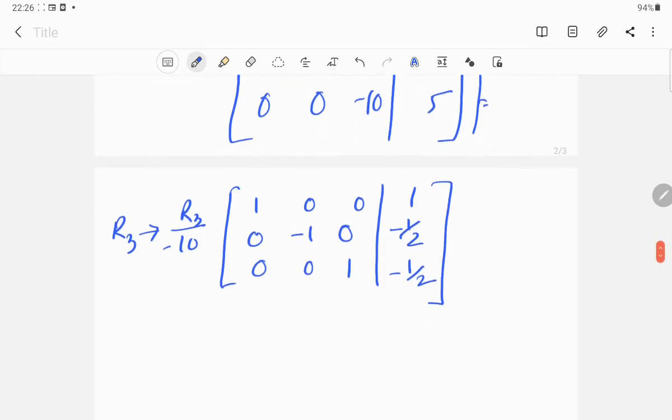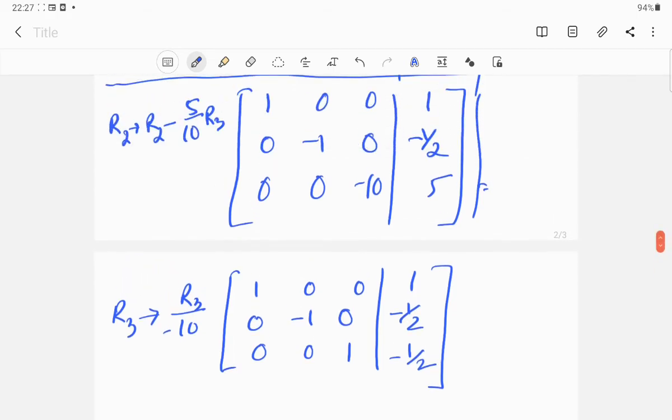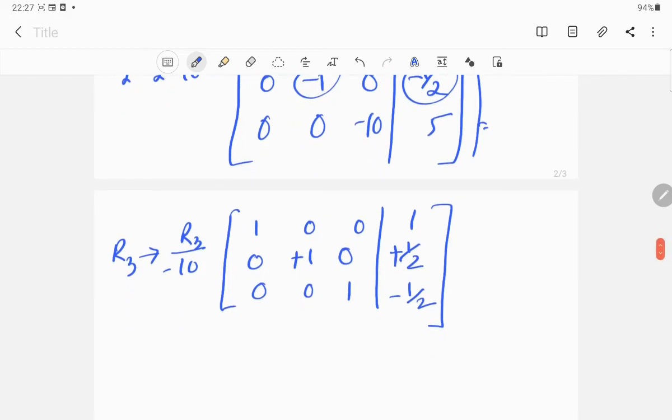So you can see that this is minus half, this is minus half, so this is plus half, this plus half, we can change it, isn't it?